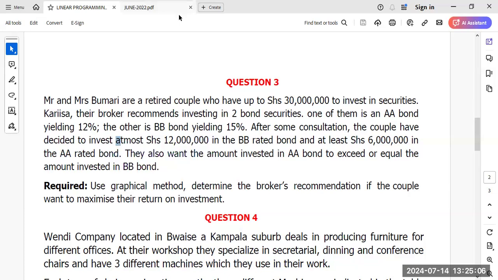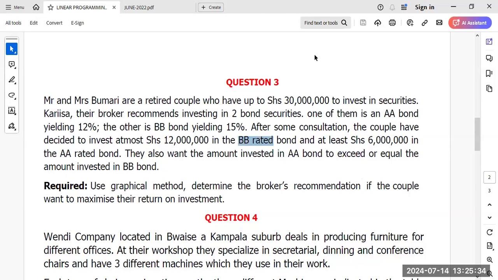So it means that this 12 million is related to only the BB bond. This is like the way we were talking about departmental capacity, where the capacity was related to a specific variable. Also here it is related to one specific security, which is BB.